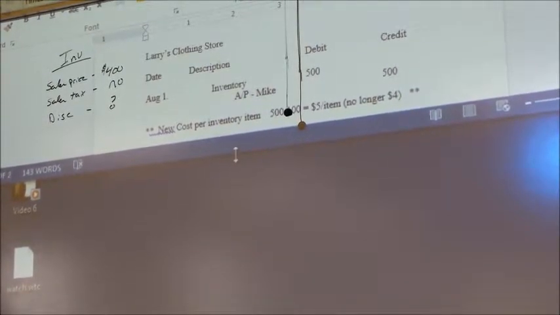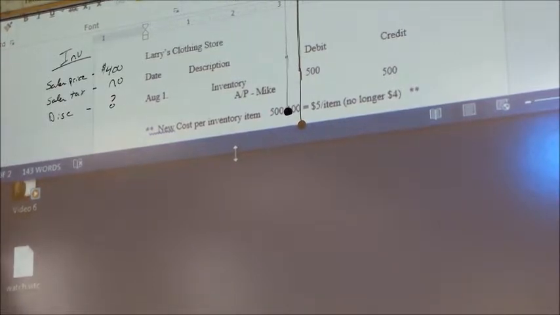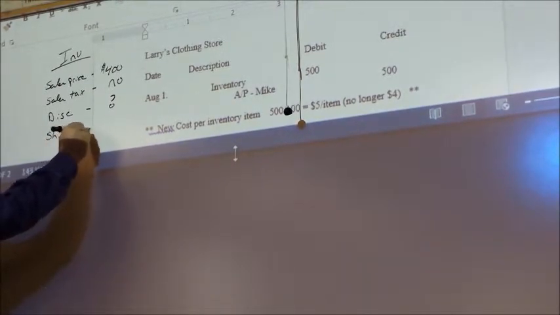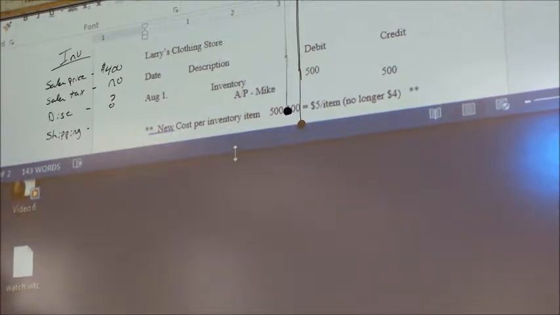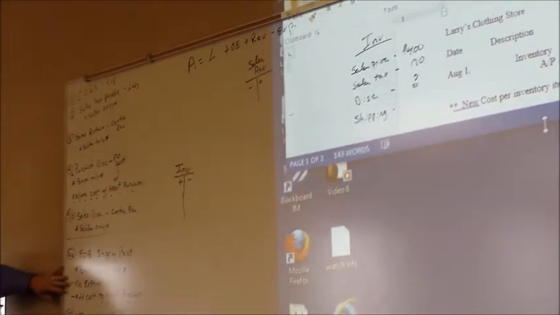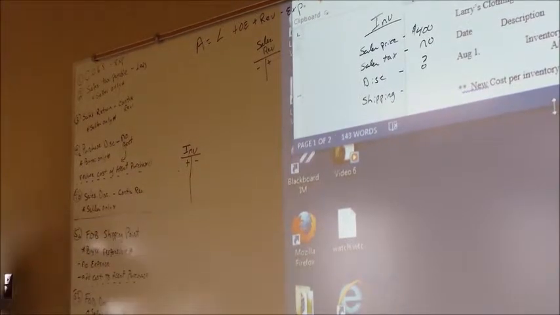The last sentence left that we haven't done anything with is the shipping charges. The shipping was stated FOB shipping point. So I need to list shipping, and then do we have to include that in the inventory price? When it's FOB shipping point, I would definitely have these kind of notes easily accessible when you're doing your homework, especially the graded homework.